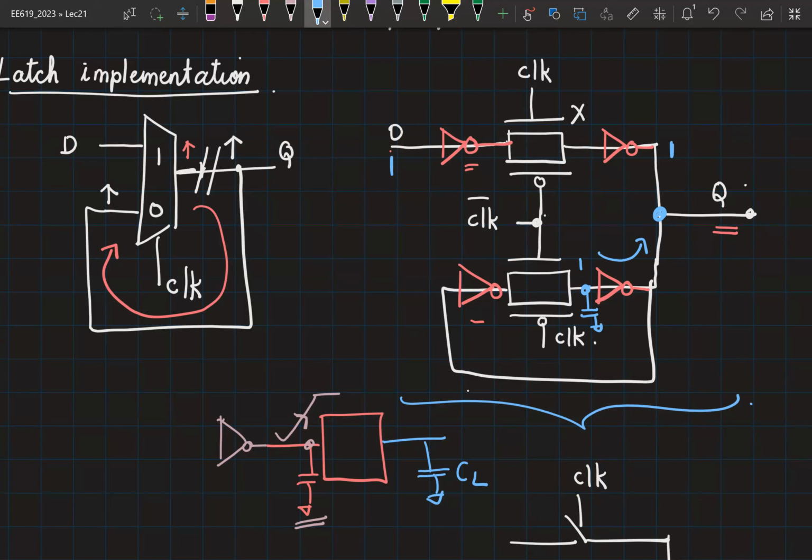Now, how can I correct it? So clearly, the shorting has to happen here at the output of the multiplexers. So then I don't need to have two inverters. The circuit can simply be this.